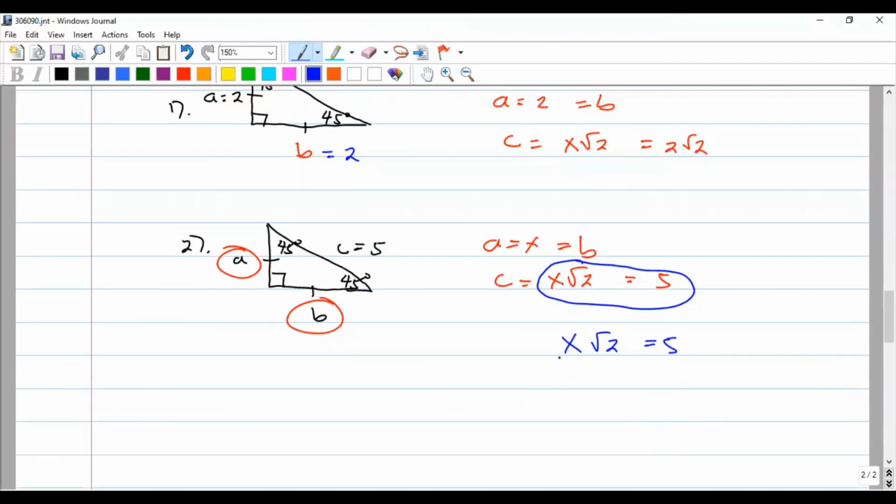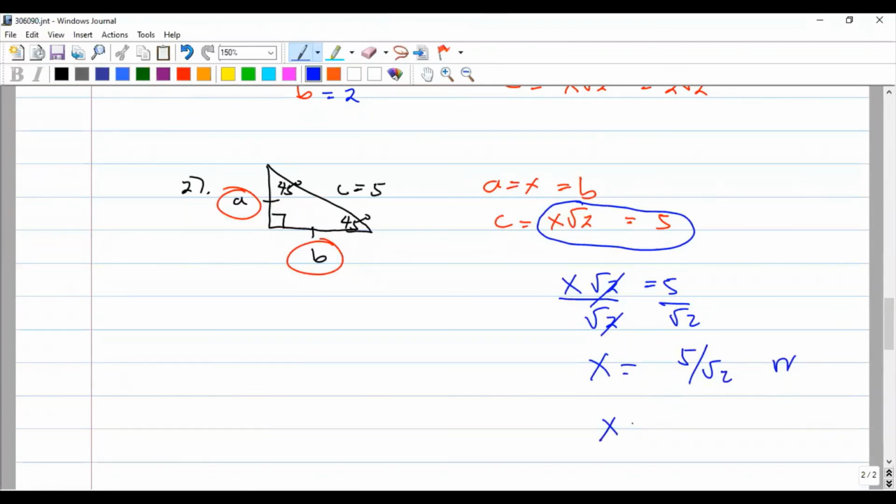We divide both sides by square root of 2, so we can cancel, and X is equal to 5 over square root of 2. Or by rationalization, X is equal to 5 square root of 2 over 2. So the length of side A and side B would be 5 square root of 2 over 2.